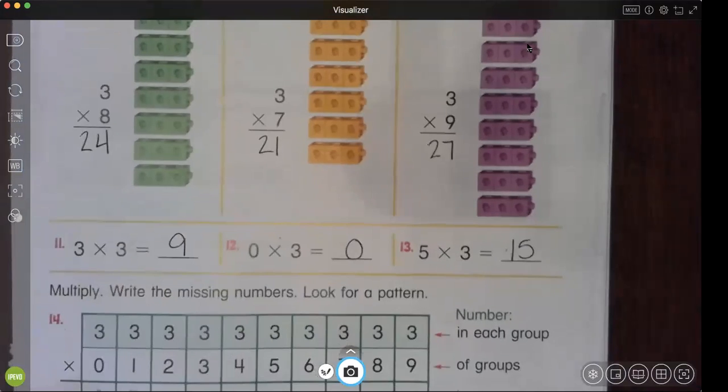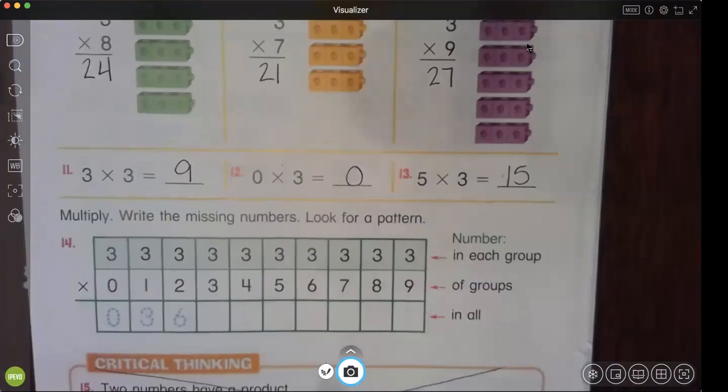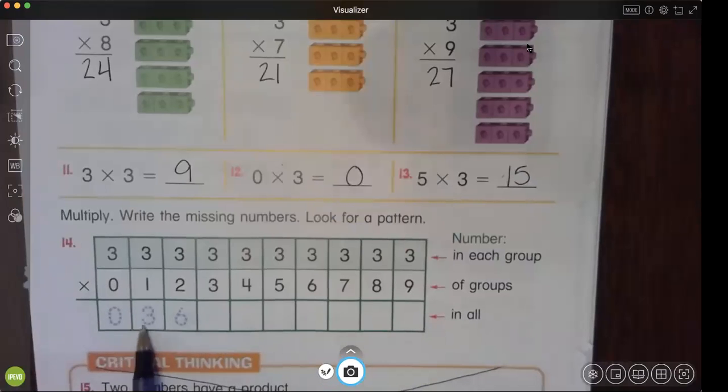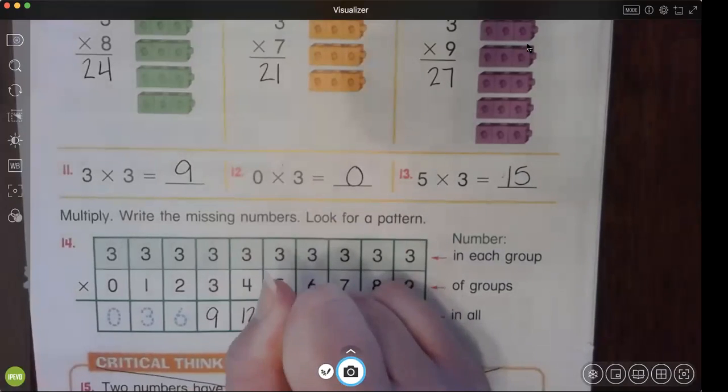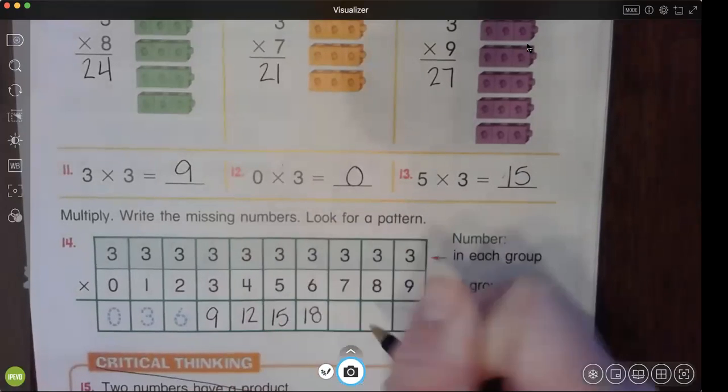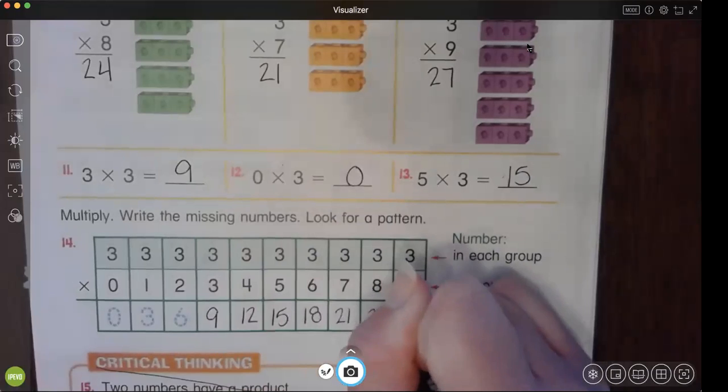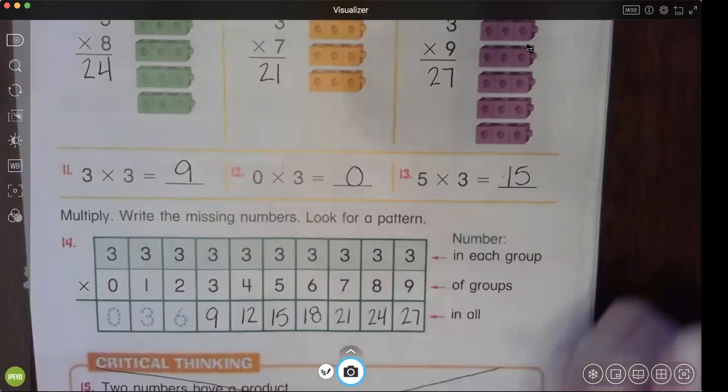Okay? All right, now we did this on the last lesson with 2, but now let's do it with 3. Now, we noticed on the last time the pattern was to count up down here by 2. So this time it's going to just be to count up by 3. So we have 0, 3, 6, 9, 12, 15, 18, 21, 24, 27.